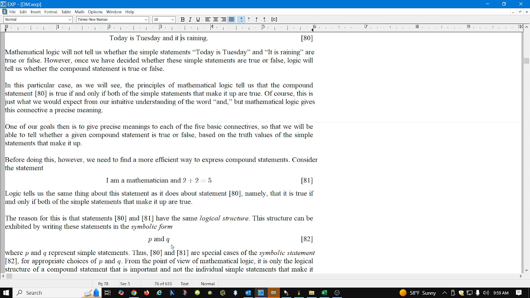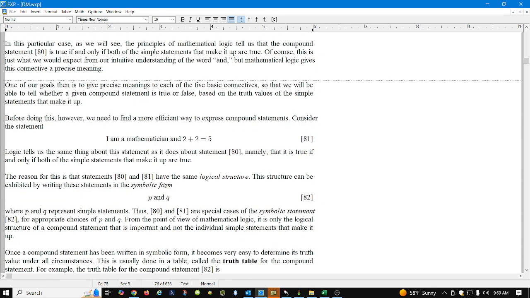So P and Q has the same logical structure as the 2 previous statements, without any of the irrelevant information. From the point of view of mathematical logic, it's only the logical structure of a compound statement that's important, and not the nature of the individual statements that make it up.